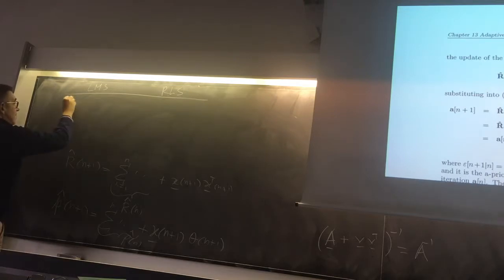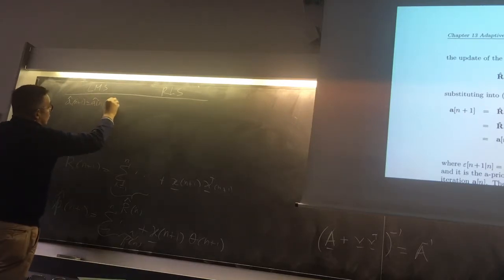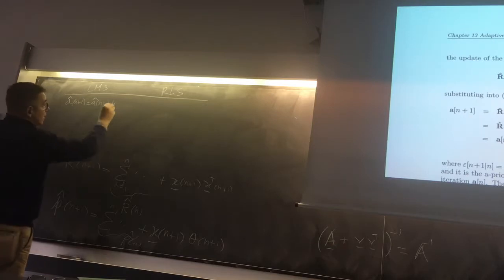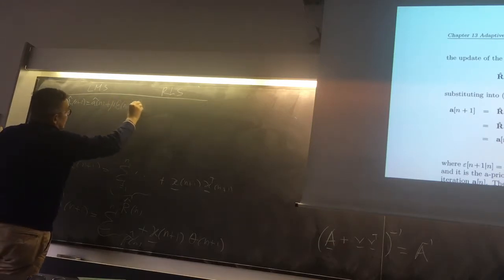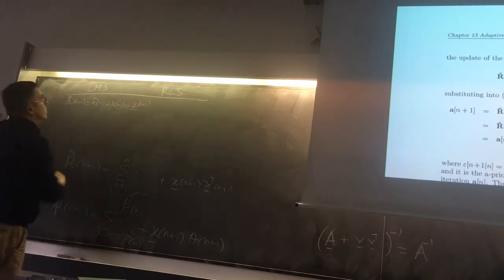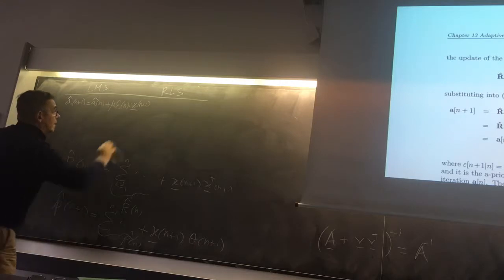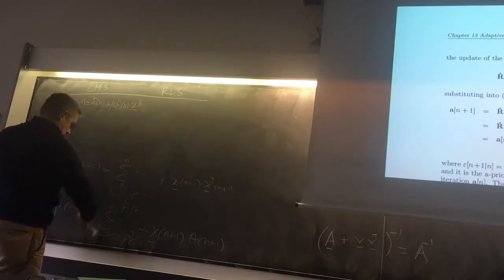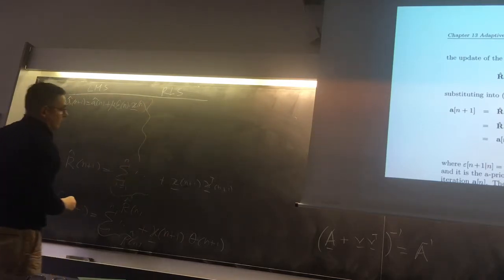In the LMS update, a hat n plus 1 was equal to a hat n plus mu, that we need to choose, times the error at iteration n, times x n plus 1. We are on filter n. That's what we showed previously.